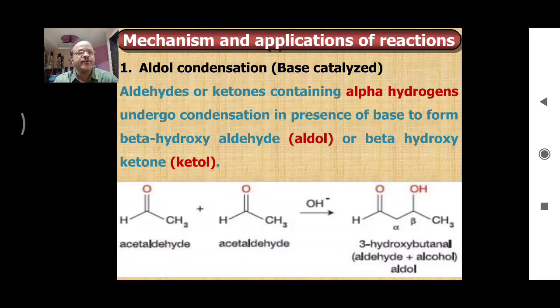This is very important: only aldehydes or ketones which contain alpha hydrogens show aldol condensation reaction. They undergo condensation in presence of base to form beta hydroxyaldehyde, which is also called aldol, or beta hydroxyketone, which is also called ketol.